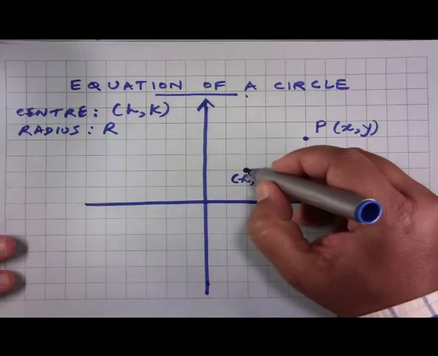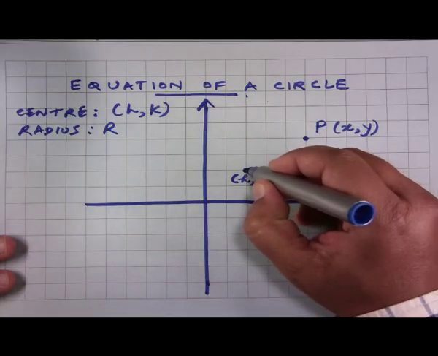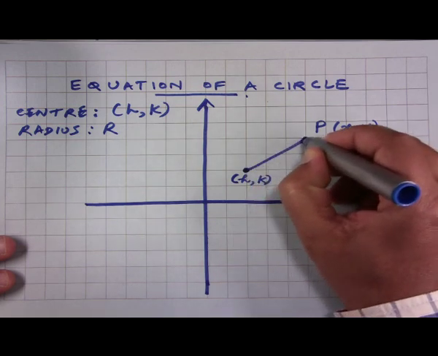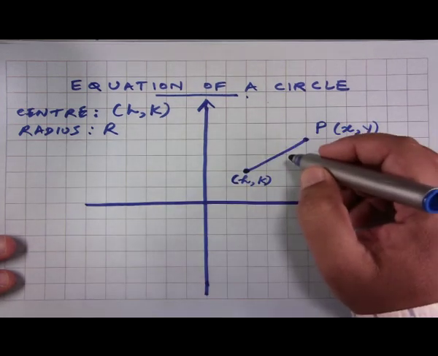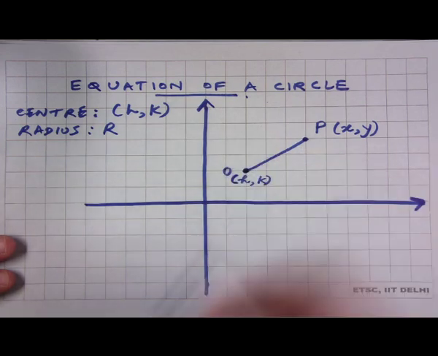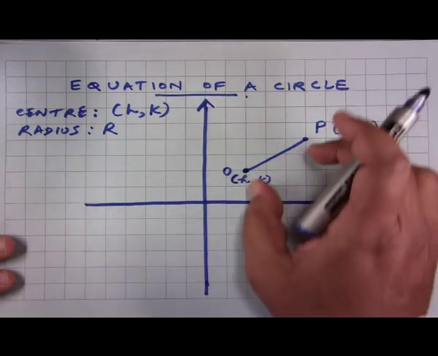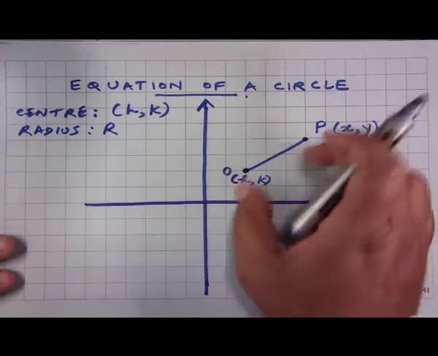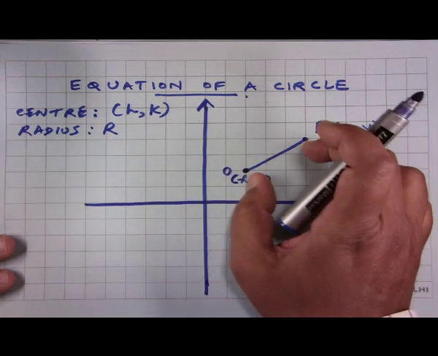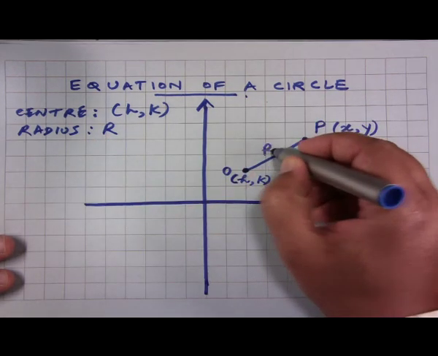So, let us first connect the center with the point P. Now, since the radius is r, the length of this line segment OP will be r.